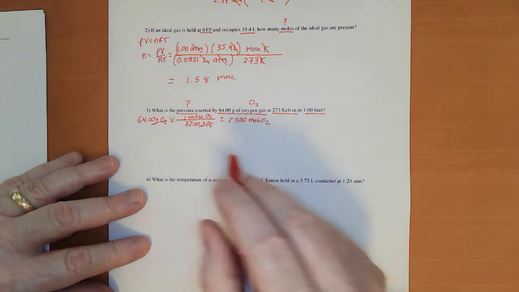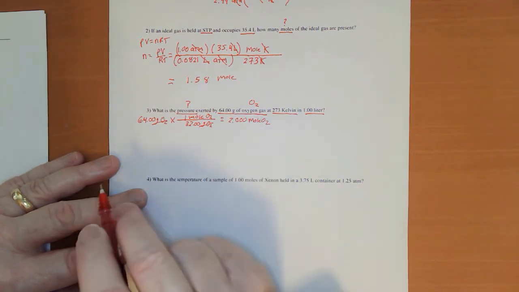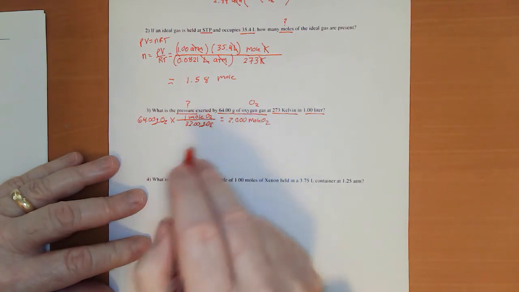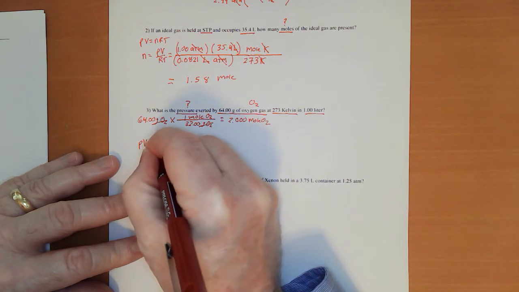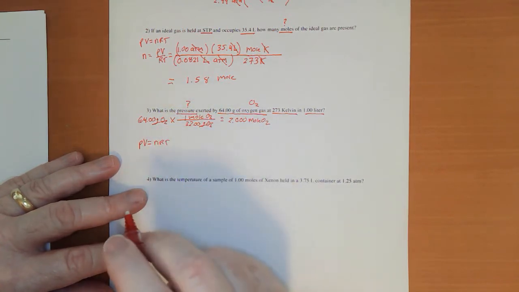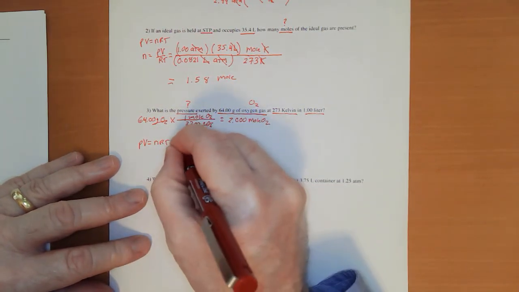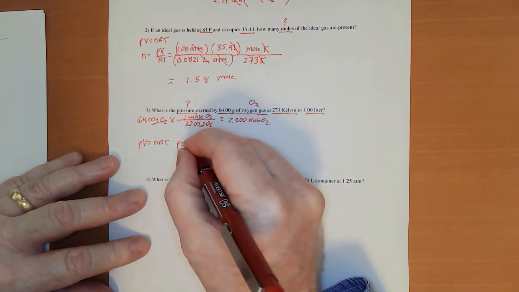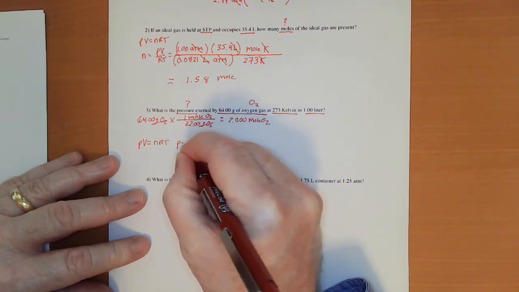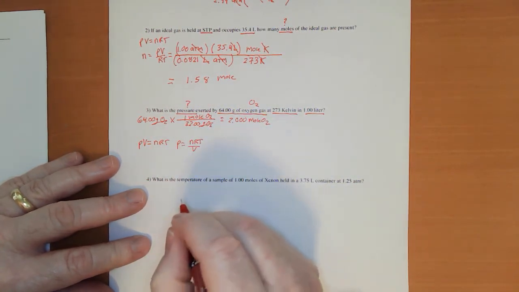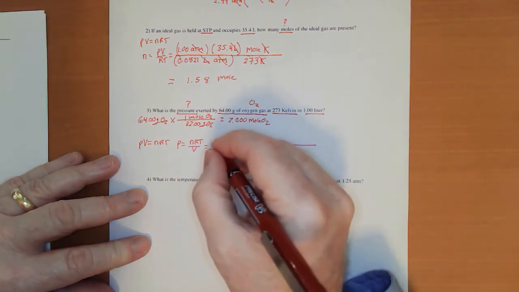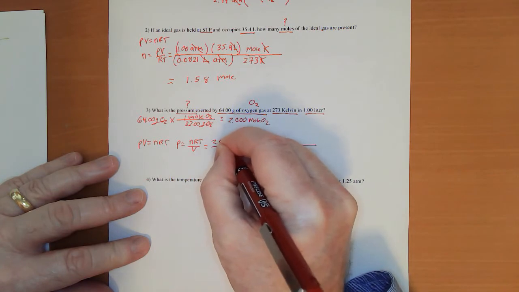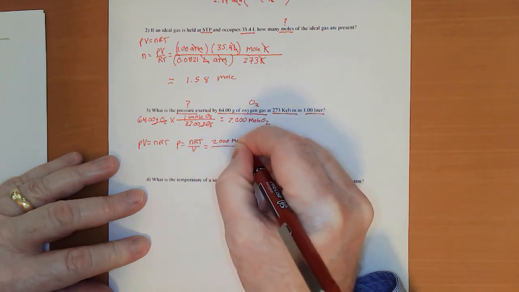So 4 sig figs for the moles. PV equals nRT. I'm writing it every time. P equals nRT over V. Give myself plenty of space. 2.000 moles.